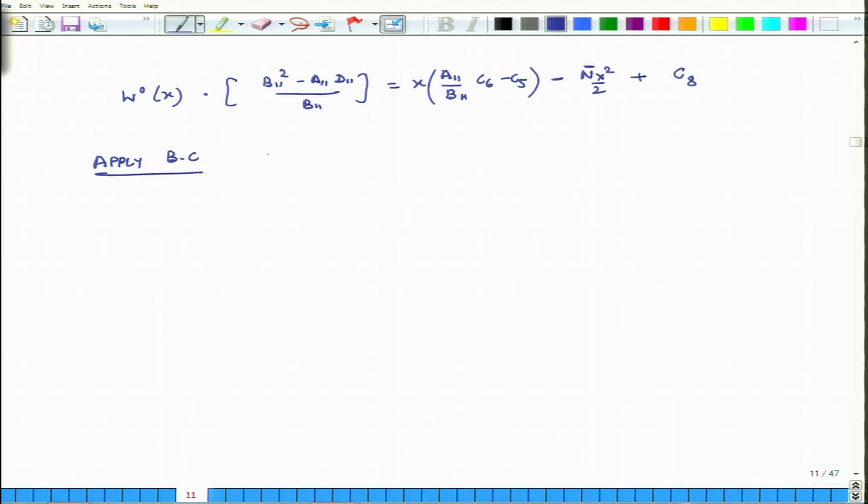and the boundary condition is that W naught is equal to 0 at x is equal to plus minus a over 2.